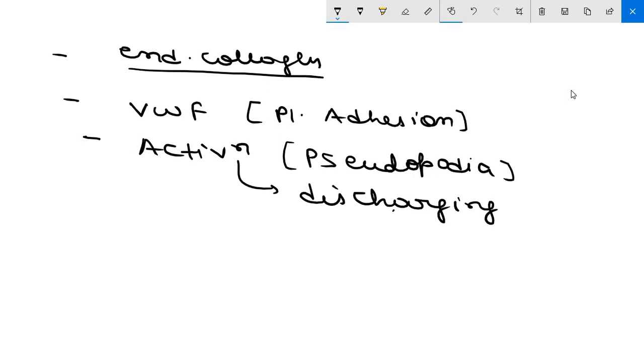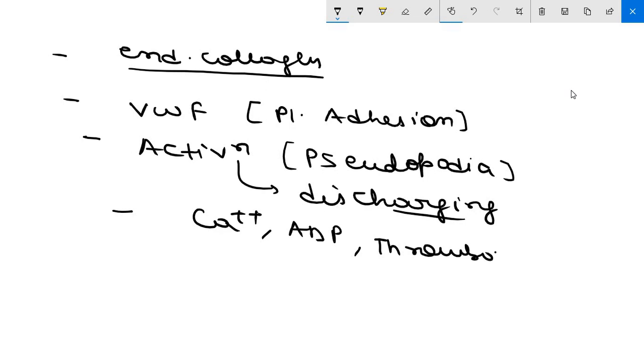Platelets will discharge their contents. Clear? The discharged contents include calcium, ADP, and thromboxane A2, which is a vasoconstrictor. Clear? And the sequence of events leading to thromboxane formation, we will discuss how thromboxane is going to form. Clear?